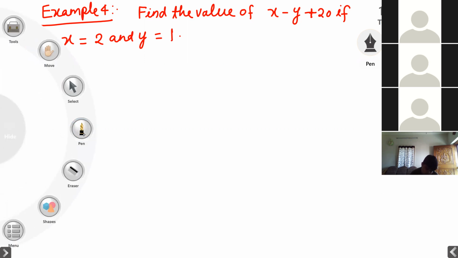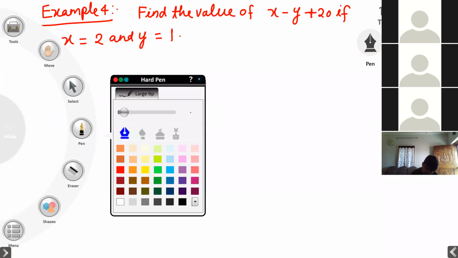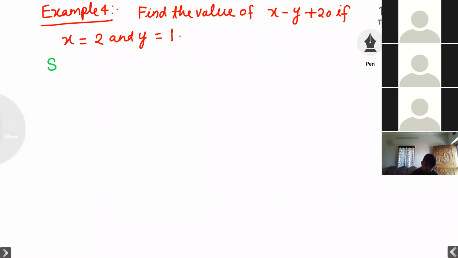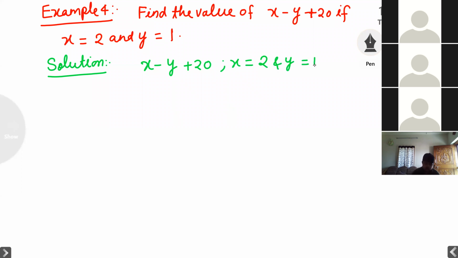This is also a simple question. Expression is given, x minus y plus 20. The value of x is 2 and the value of y is 1. It means in the place of x, I want to substitute 2, minus as it is. In the place of y, I want to substitute 1, and plus 20 as it is.